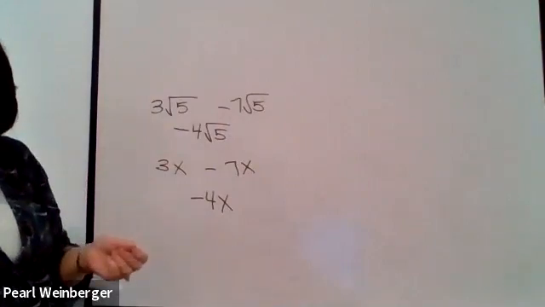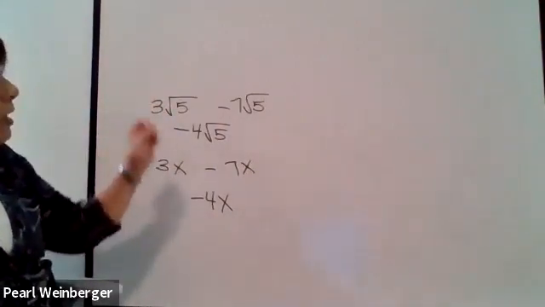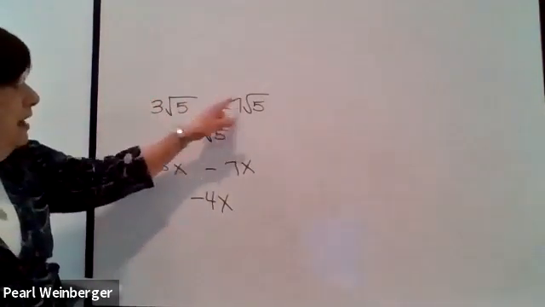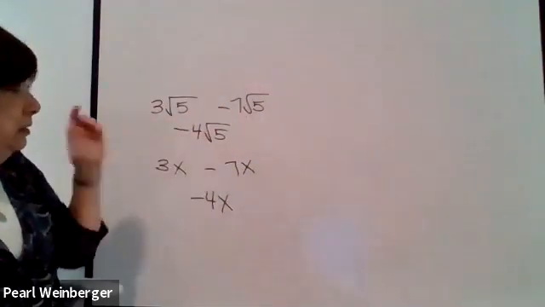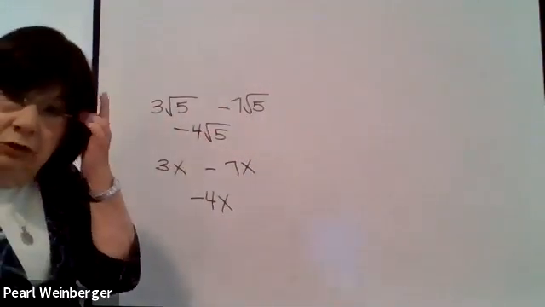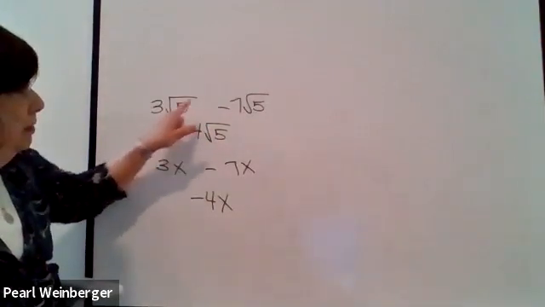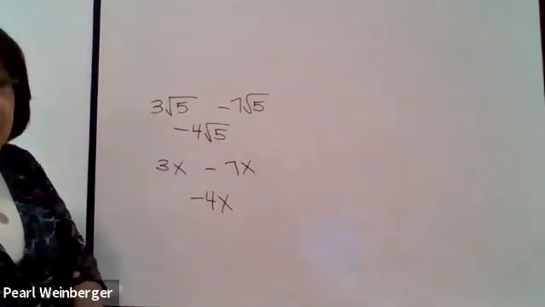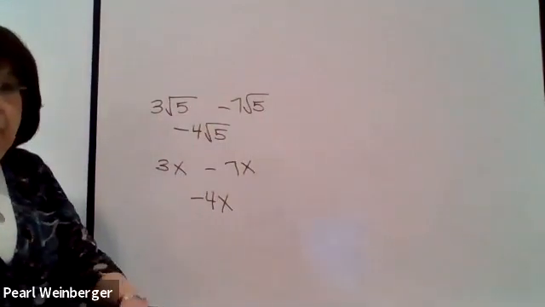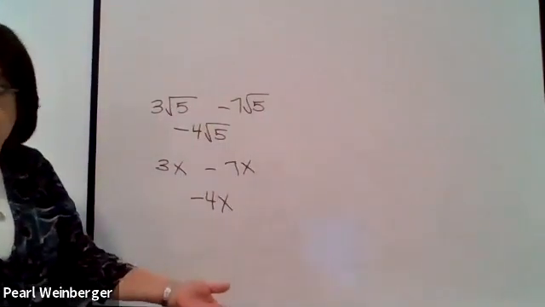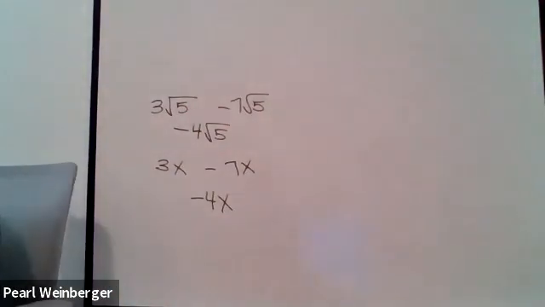This can't have an index of 3 where this has an index of 2. The radicals have to be the exact same index. Again, the questions we're going to do are basically going to be with square roots. And the numbers inside the radicals have to be identical. So what if I were to give you this question?